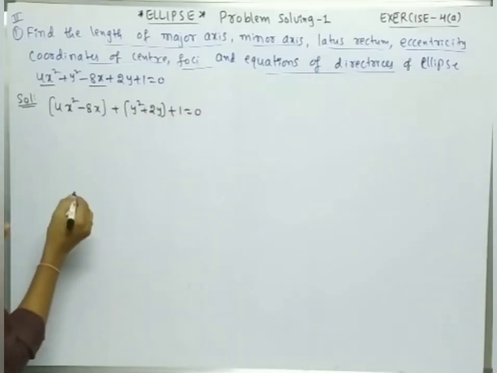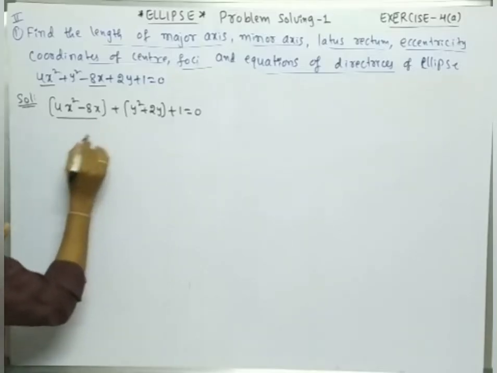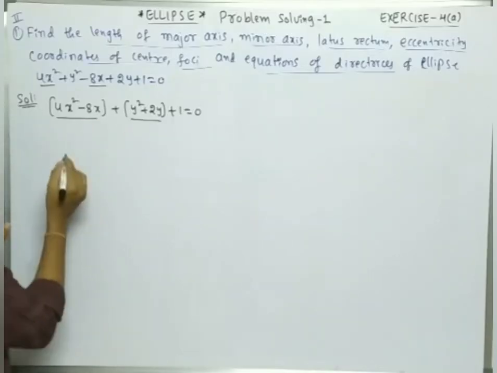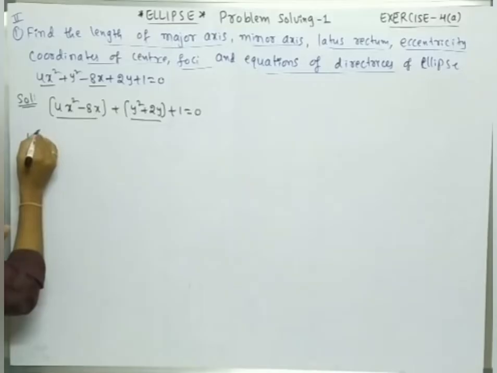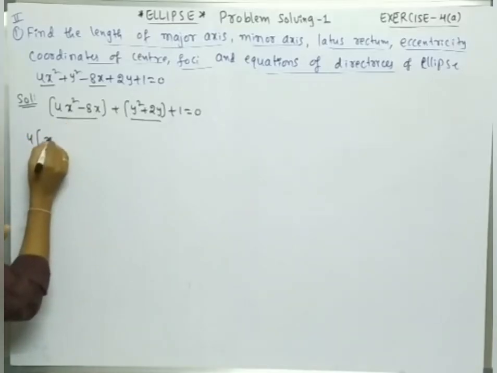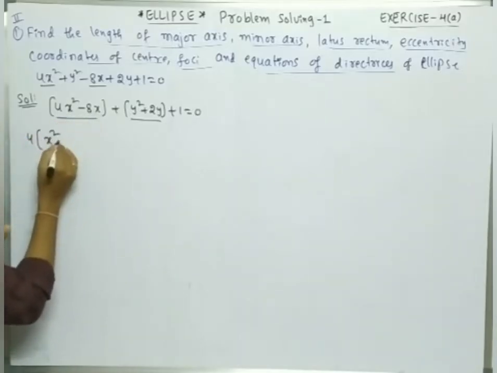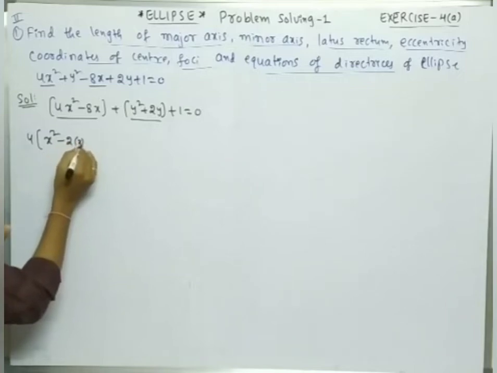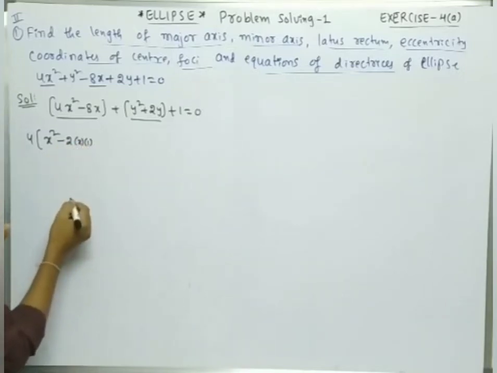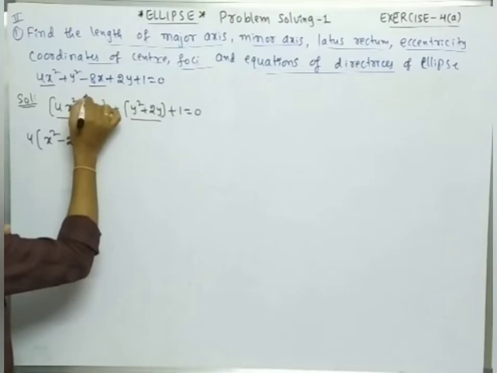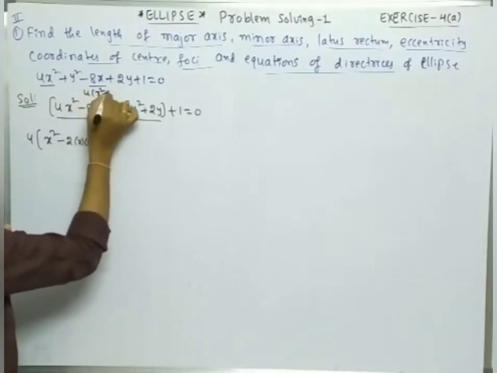Now it is time to convert this into completing square form. Here 4 is common. What is remaining? x square minus 2x, x square minus 2 into x into 1. Roughly I am writing 4 into x square minus 2x.